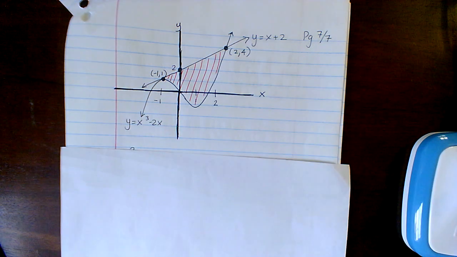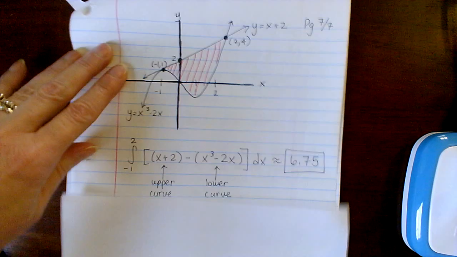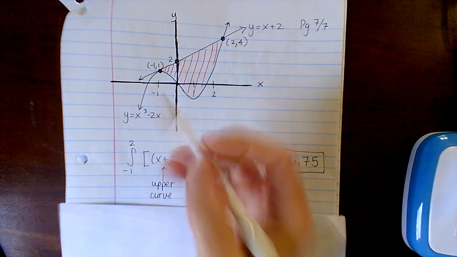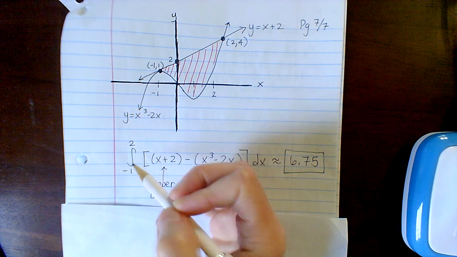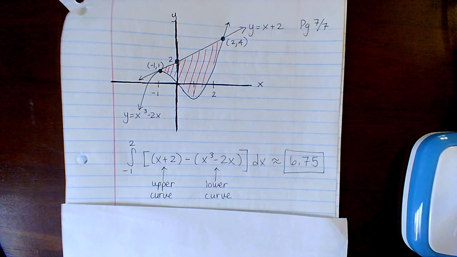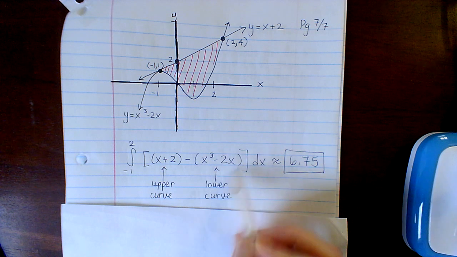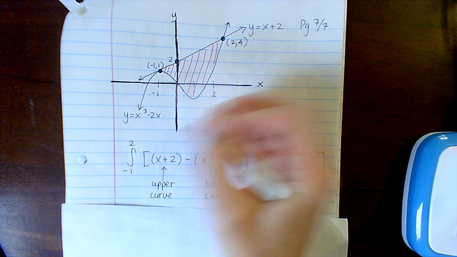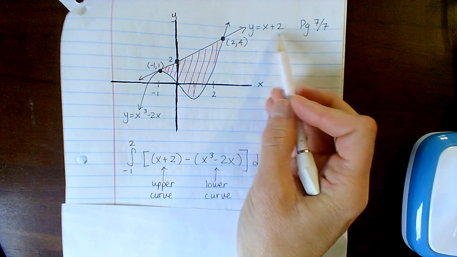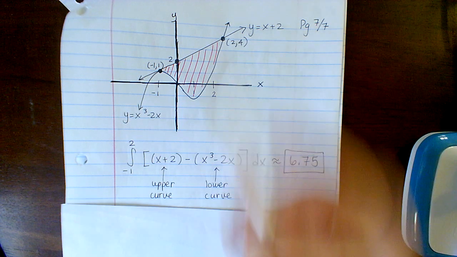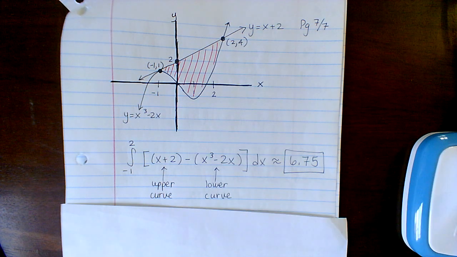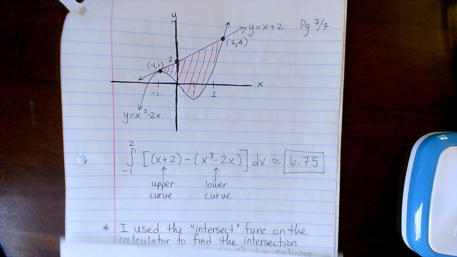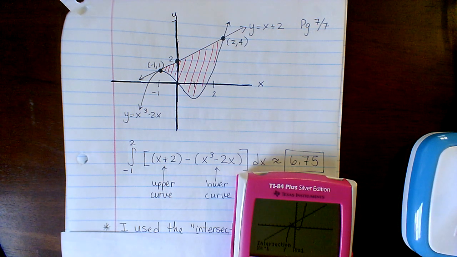All right, so my integral is going to be from -1 to 2. And it's going to be my upper curve minus my lower curve. You can see this upper curve is this straight line, this x plus 2. The lower curve is my little swoopy guy here of x cubed minus 2x. And then we're going to go back here.